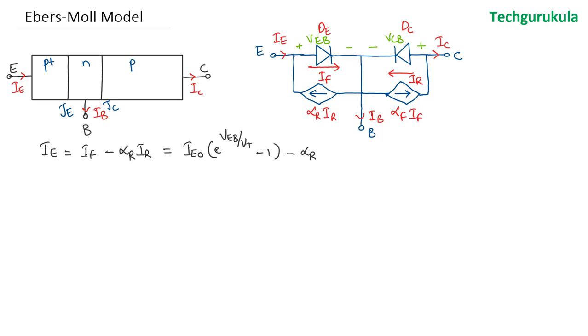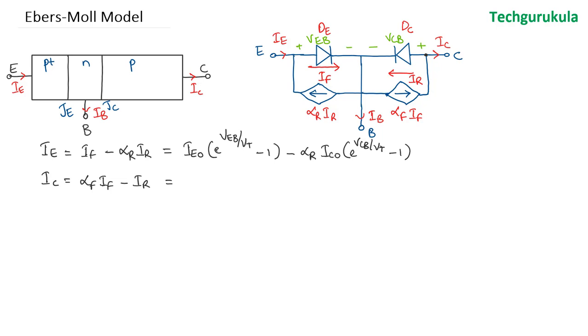IR is nothing but the diode current equation of the second diode, which is DC. So that is IC naught times e power VCB over VT minus 1. Now coming to collector current, IC is equal to alpha F IF minus IR.